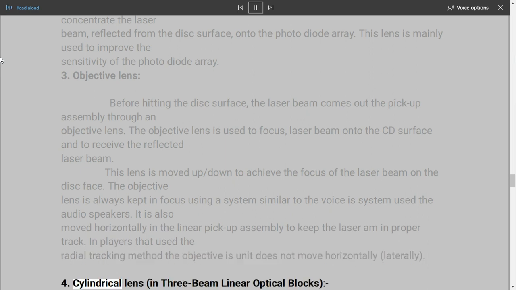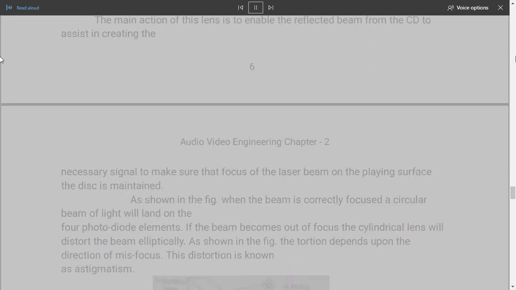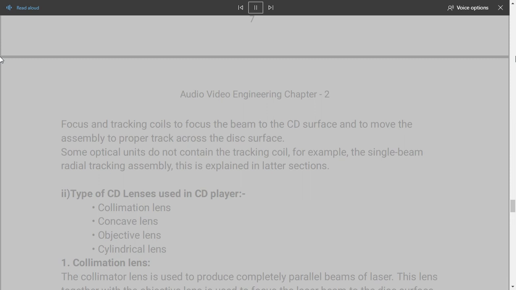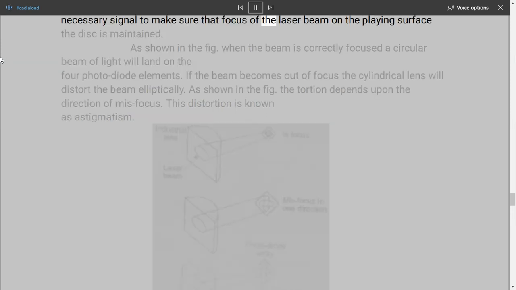4. Cylindrical lens, in 3-beam linear optical blocks. The main action of this lens is to enable the reflected beam from the CD to assist in creating the necessary signal to make sure that the focus of the laser beam on the playing surface of the disc is maintained.